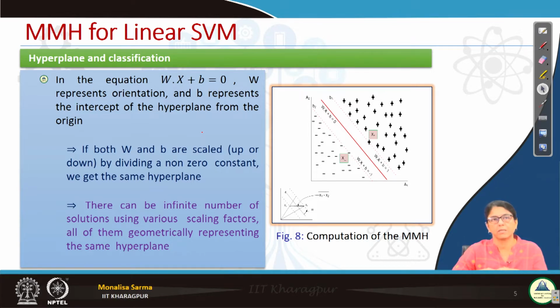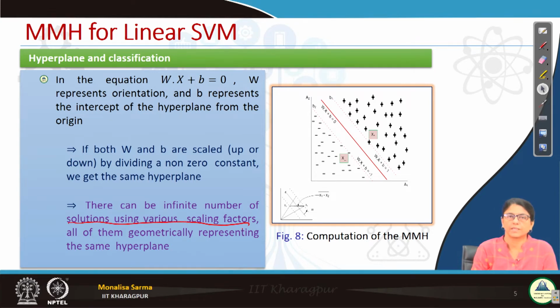We get the same hyperplane. So there can be an infinite number of solutions using various scaling factors, all of them geometrically representing the same hyperplane. If we scale both W and b by some number, we essentially get the same hyperplane. So there can be infinite number of such solutions.